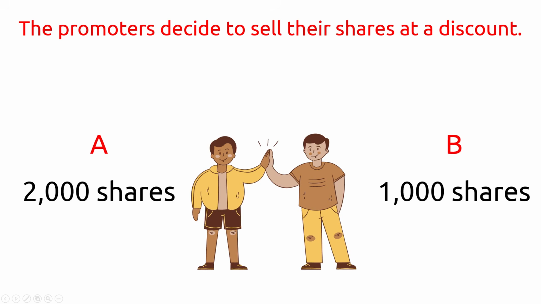Person A and person B, and they have 2,000 shares and 1,000 shares with them. Now, if they want to sell these shares to the public at a discount, then it is called an offer for sale or an OFS.